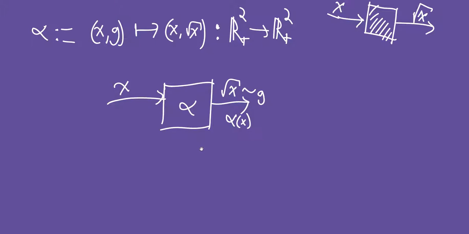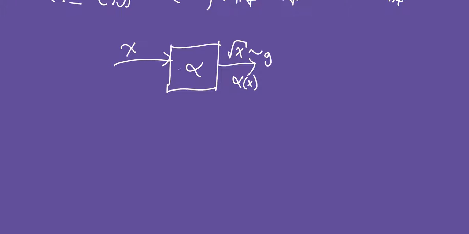The g is for guess, by the way. But what we're going to do is peek inside of this. We're going to break this open. We're going to look inside this box, and what are we going to find?